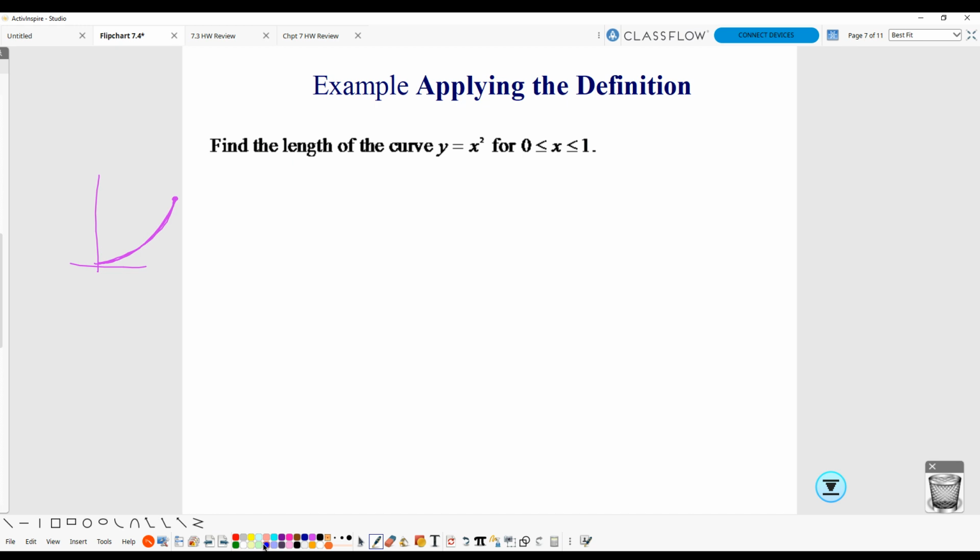Integrate x. Integrate what? X squared. That's an x squared, sorry.